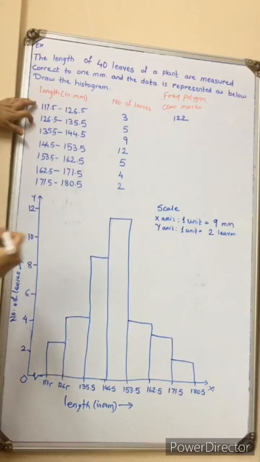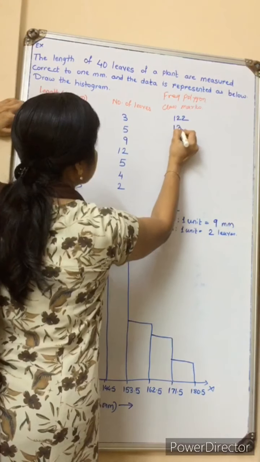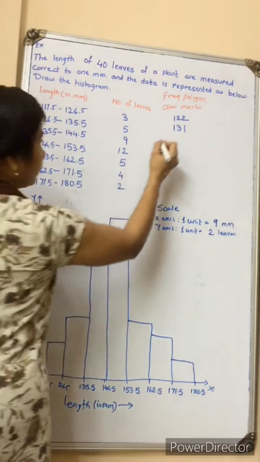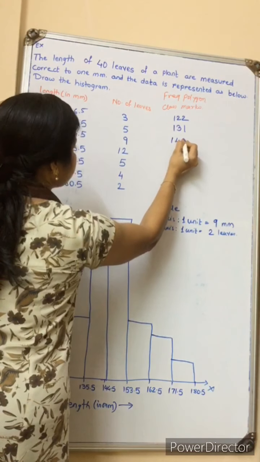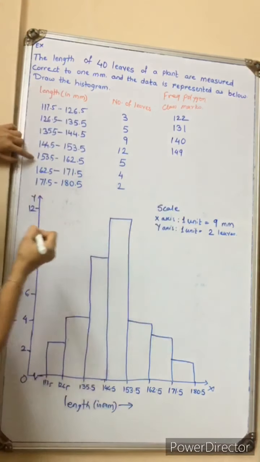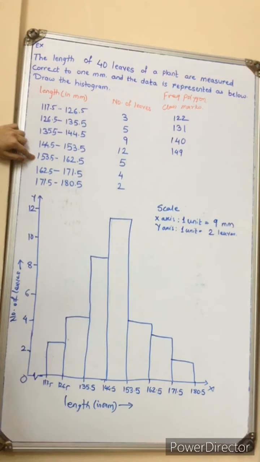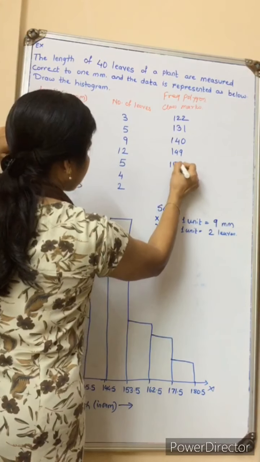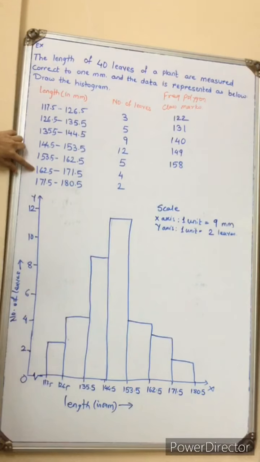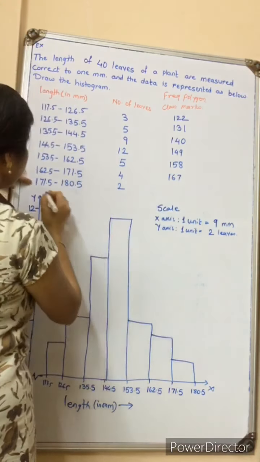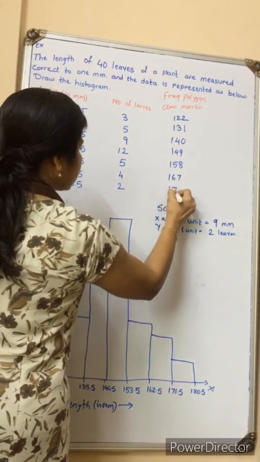Here you have 131. For the next class it is 140, 149, 158, then 167 and 176.